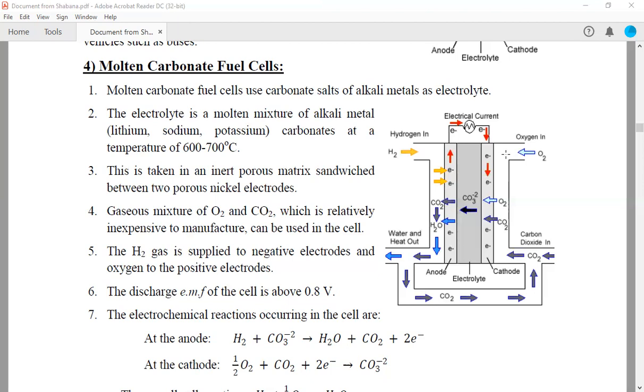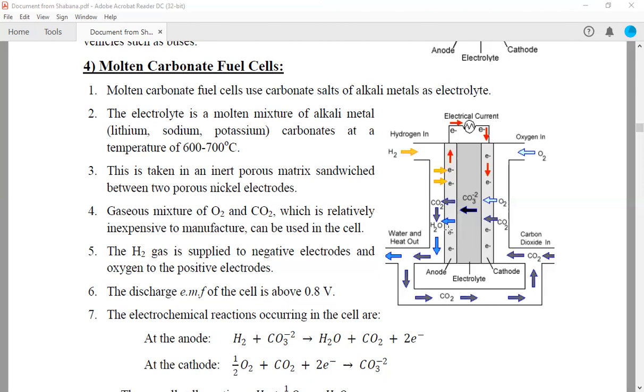This anode is made up of a nickel-based alloy with 2% either chromium or aluminum. The materials are creep resistant and prevent sintering of the anode at high temperature.